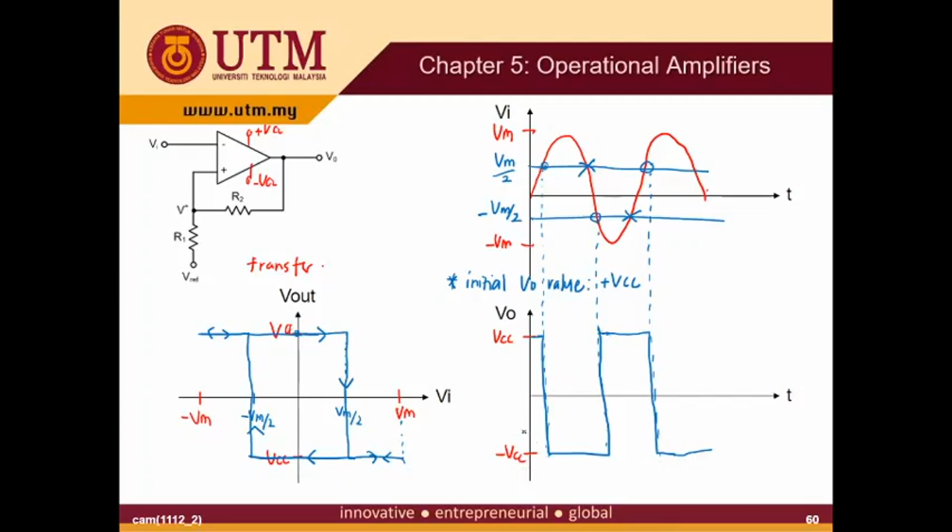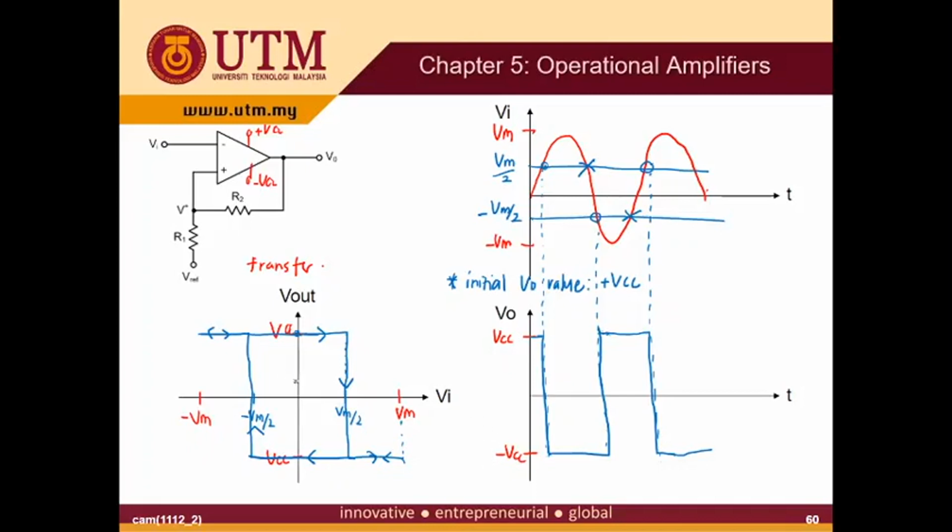The transition happens depending on the current state of the Vout. If your current Vout value is plus VCC, your transition point is VUTP. So search for the closest VUTP and that will become your transition point. If your current state of the Vout is minus VCC, your next transition point is VLTP.